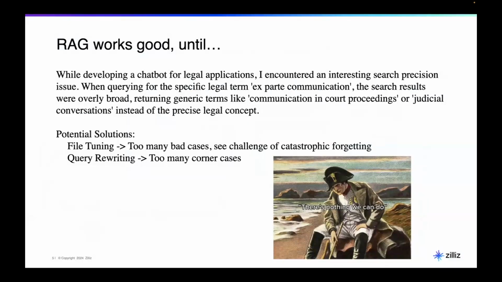When I was using this RAG application with just VectorDBs, at first it looked really, really good, but if you take a deeper look, you'll see that some of the terms are not searched as expected. We saw the search becomes overly broad. If you search for one term, you may get some similar terms, but there's nothing that can control it, right? So I started thinking about how we can fix that issue.